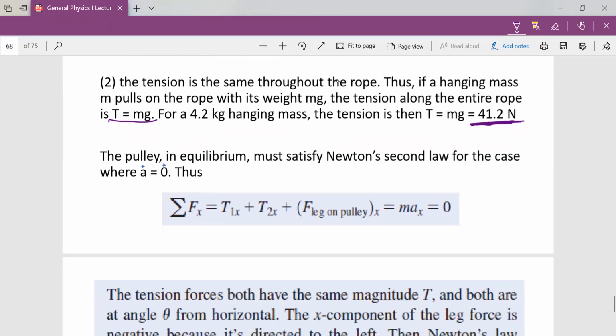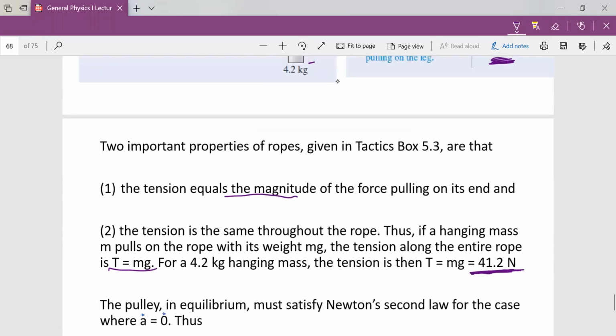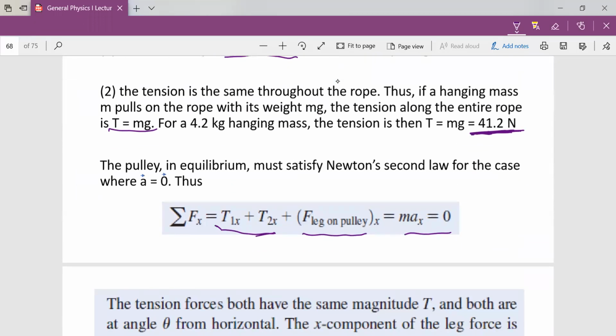Okay, so we'll have the two forces from the tension and the leg on the pulley giving us 0. The force of the pulley on the leg, which is this one, is actually represented here.